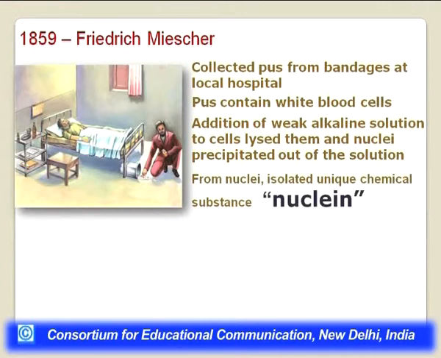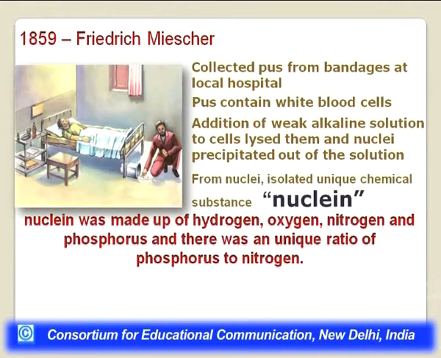This nuclein is the crude form of DNA, but he didn't know about it. He could also identify that it was made up of hydrogen, oxygen, nitrogen and phosphorus, and there was a unique ratio of phosphorus to nitrogen. In 1874, he separated the nuclein into the protein and an acid molecule.